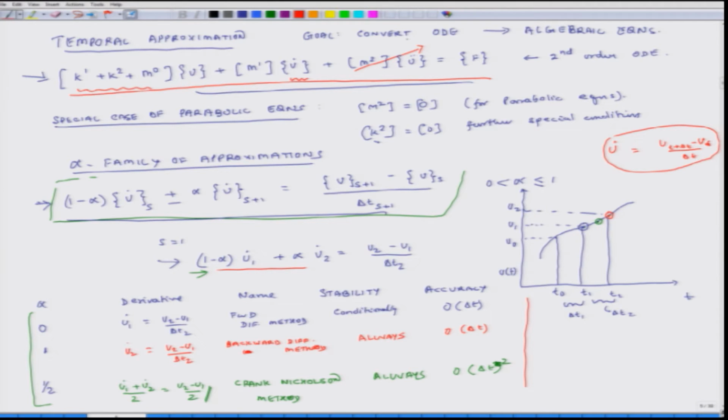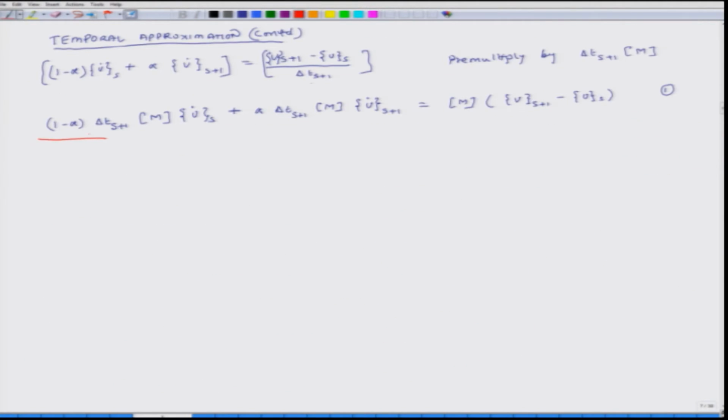So basically it is K times U plus M times U dot equals F. We will use that terminology. So for a parabolic system, the equations which we developed earlier can be reduced to M times U dot, and these equations are valid at all time steps.